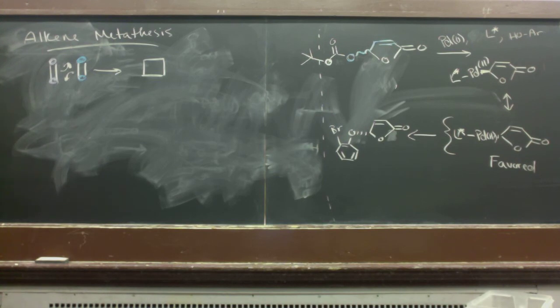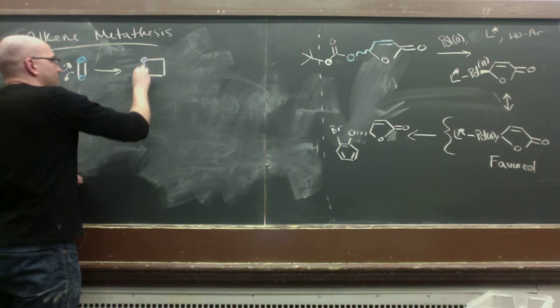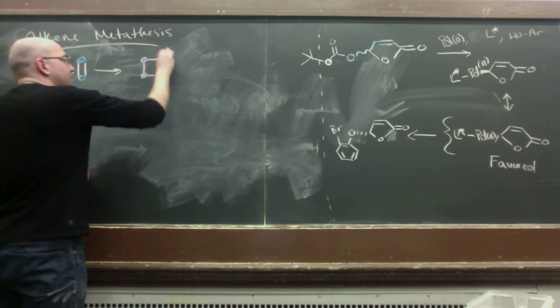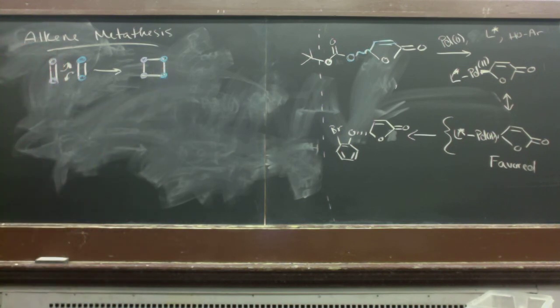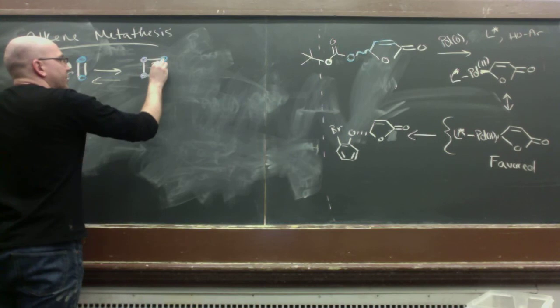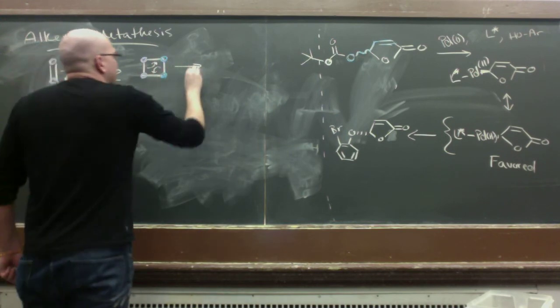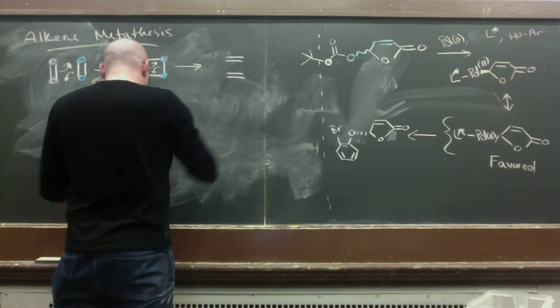Right, when we do this rearrangement, you can imagine a system where, in addition to the 2+2, now you've got a lot of ring strain built up in there. Certainly it can go in the reverse direction, or it could rearrange in a slightly different way, right? And form 2 new double bonds.